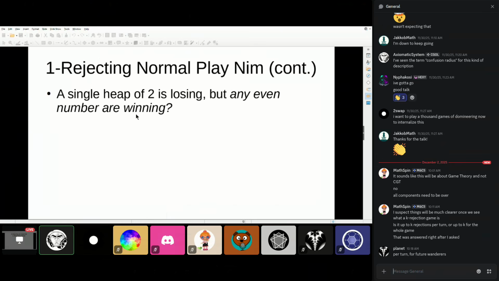And we see the problem here, because we saw in the diagram that one heap of 2 is losing, but 2 heaps of 2 are winning. You guys won that game with 2 heaps of 2. And that's a problem because in standard combinatorial game theory, as everyone who was here for the last talk remembers, losing positions are supposed to behave like 0.